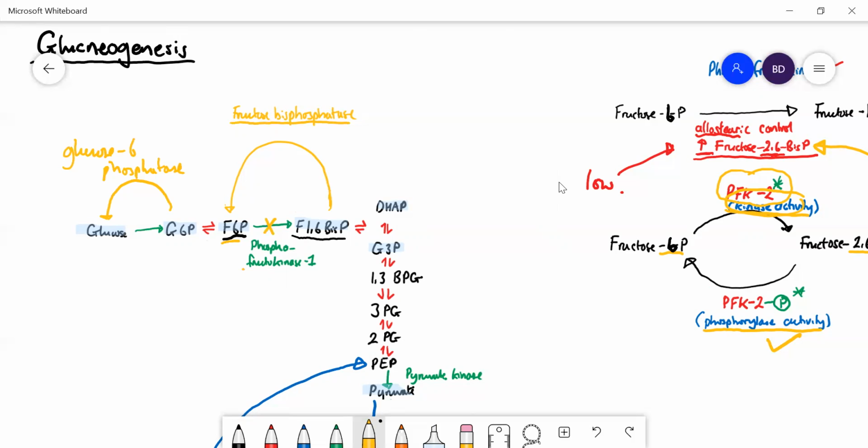If there's any insulin present, it will cause that enzyme to be inactive. So insulin promotes glycolysis and inhibits gluconeogenesis. If this enzyme, glucose 6-phosphatase, is inactive, then you will not get any gluconeogenesis.